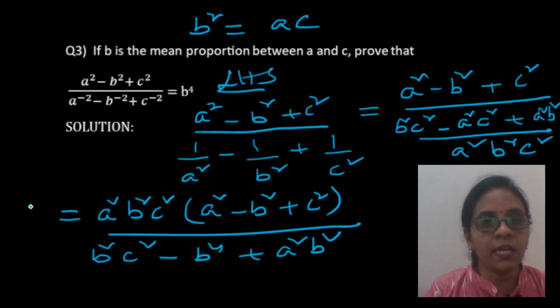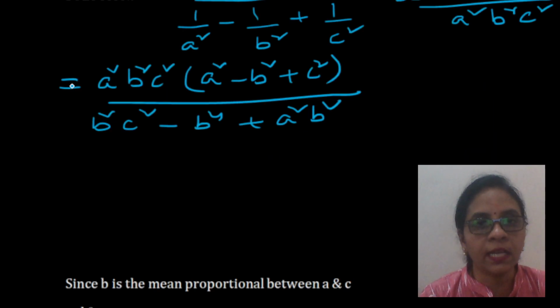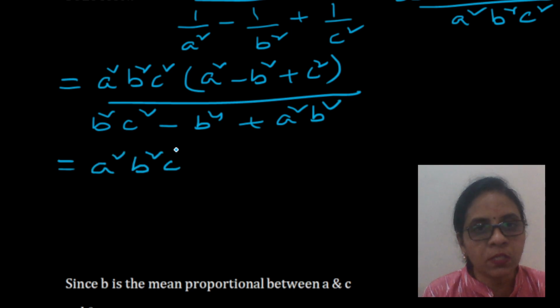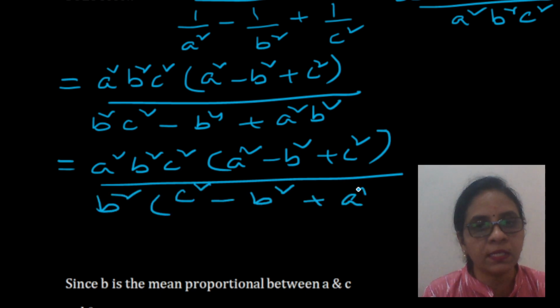From the denominator we can take out b square common. So if we take out b square common from the denominator, we have a square b square c square into a square minus b square plus c square by b square into c square minus b square plus a square.